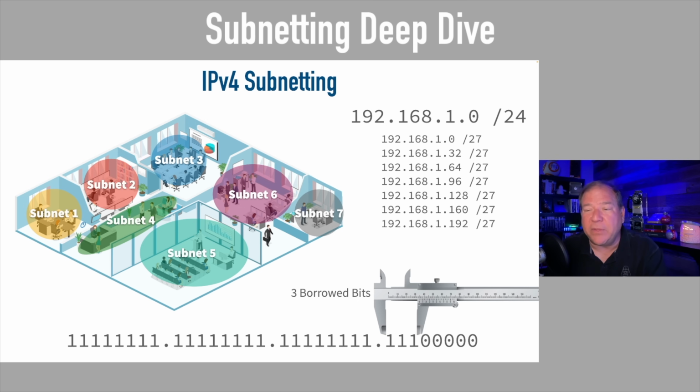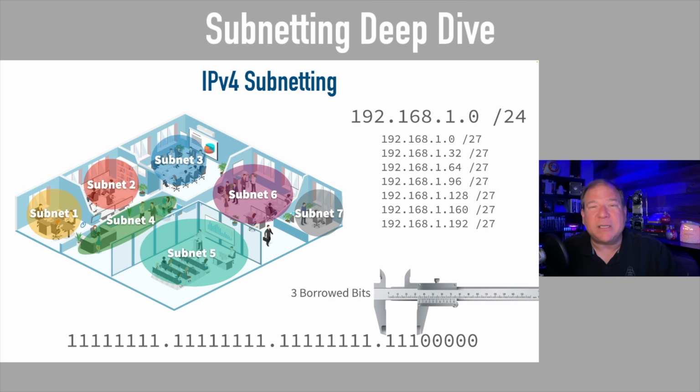So I have to look at this and say 192, Class C. It defaults to 24 bits in the subnet mask. Okay, I borrowed 3 bits. 24 plus 3 is 27. So you've got to know what class you're dealing with and what the default subnet mask is for that class in order to know what 3 borrowed bits look like.